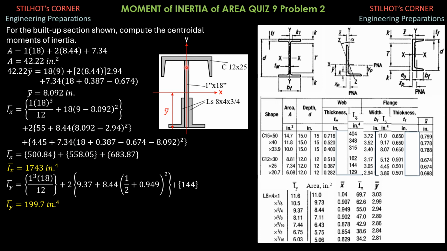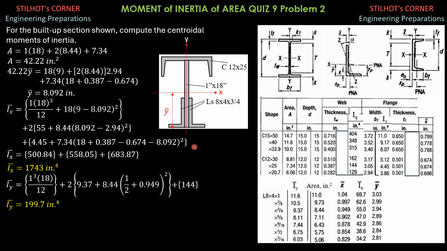And the distance between the centroid of this channel and this centroidal axis: going back to the centroid from earlier, it is 18 plus the thickness of the web, 0.387, minus 0.674. That's the distance of the centroidal axis from the bottom. Then we subtract further bar y. So 18 plus 0.387 minus 0.674 minus bar y, quantity squared.